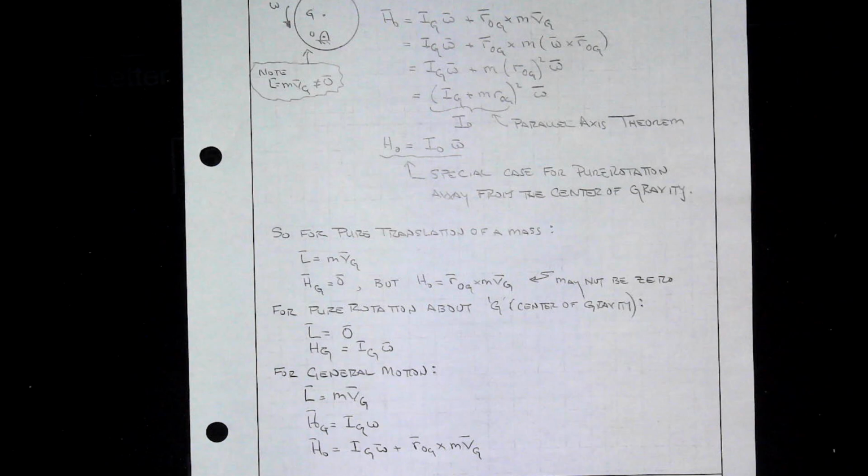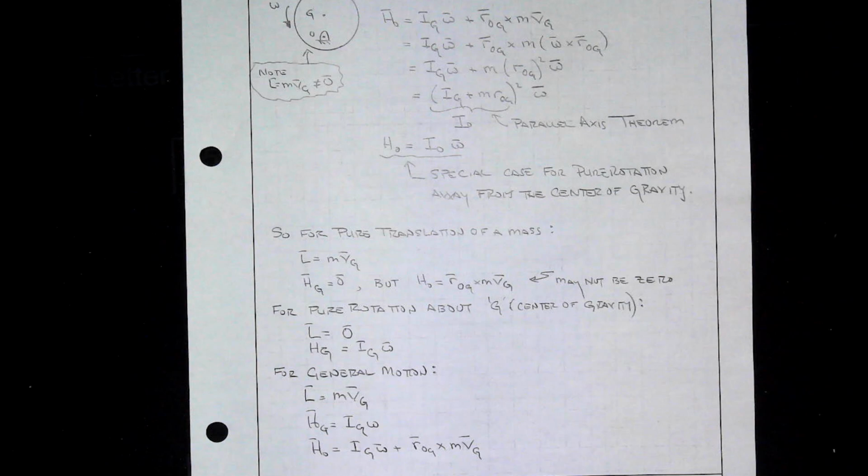And so what is the nature of the momentum term? Instead of mv1, now we have Ig omega plus R from the O that we care about to G cross mass times the velocity at the center of mass. This is state 2, that being state 1. Okay, so this is now our angular momentum. So up here, that's momentum.